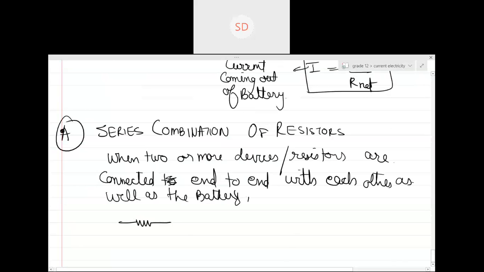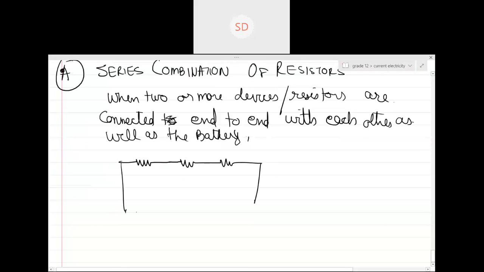Suppose I have a resistor over here, resistor over here, resistor over here, and I connect this whole thing to a battery of EMF E, with current flowing through it I. This is R1, this is R2, this is R3.